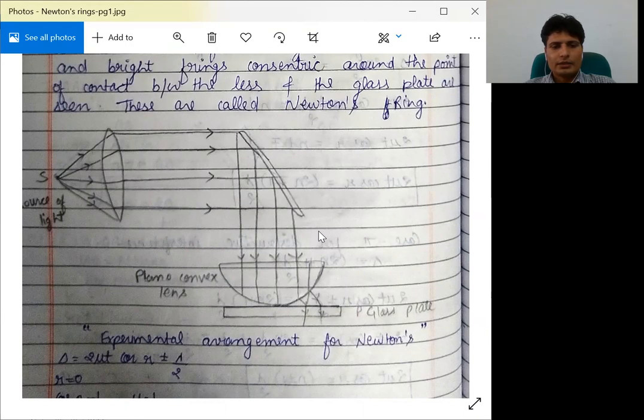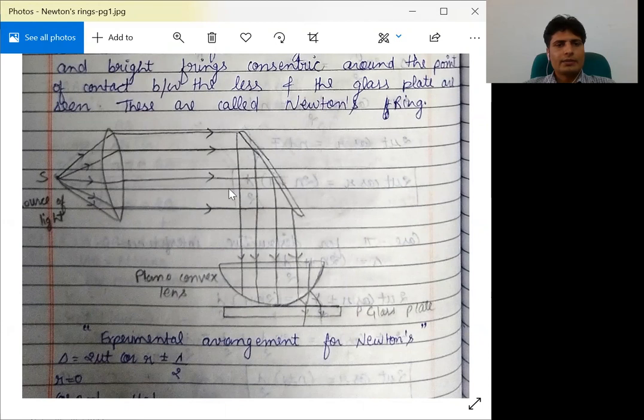According to this figure, we have a source placed at point S, which is a monochromatic source of light, and this source is placed at the focus of lens L. So when any source is placed at the focal point of a lens, the light rays will go parallel, meaning coming from infinity, and then we have a glass plate which is kept at an angle of 45 degrees with respect to the horizontal.